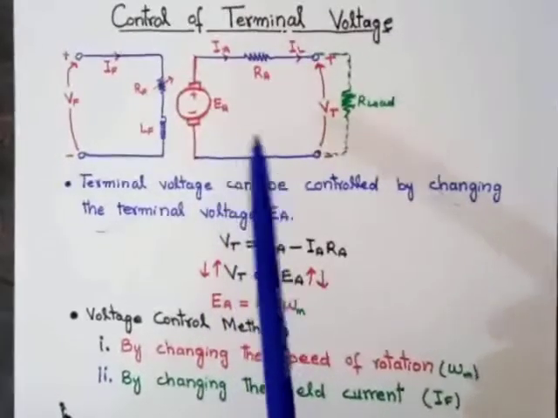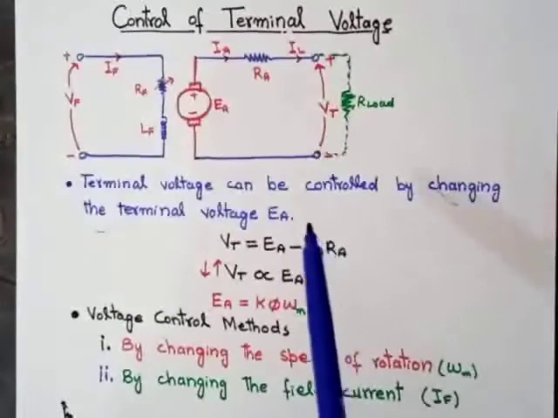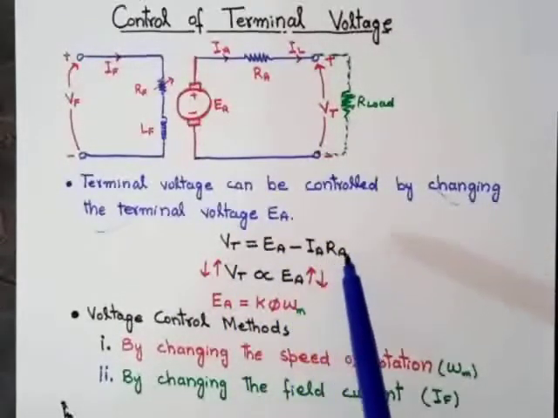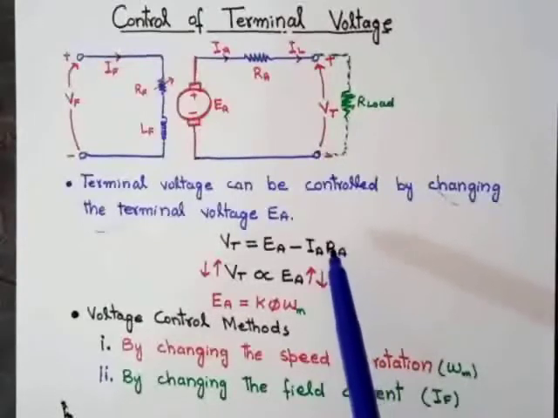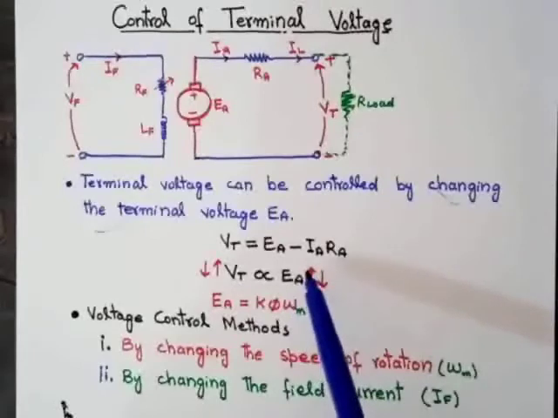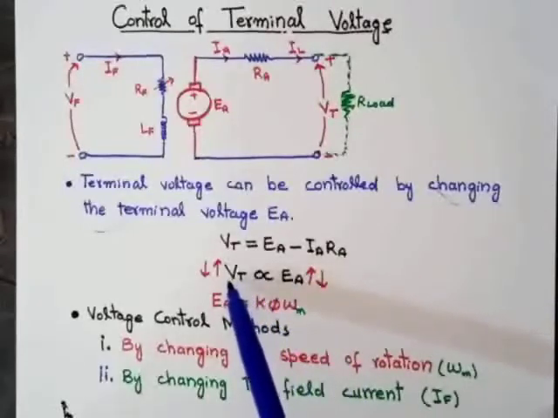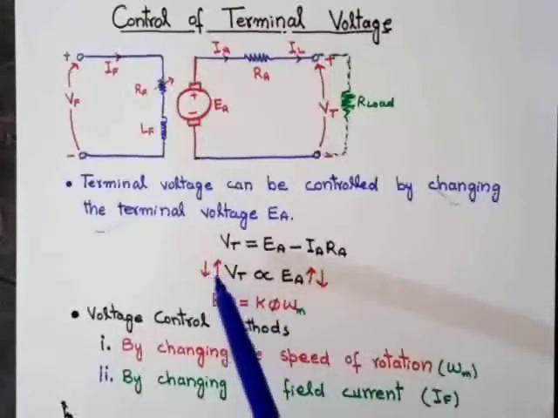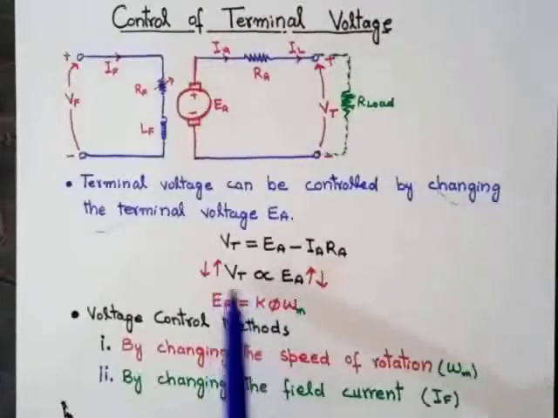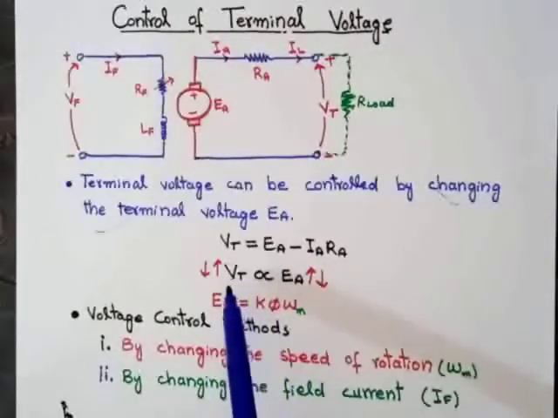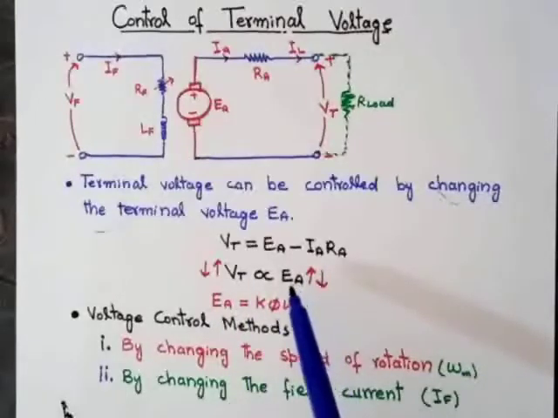As we have already discussed, Vt is equal to Ea minus Ia into Ra. When the value of Ea increases, the terminal voltage will increase. When the internal generated voltage decreases, the terminal voltage will decrease, because the relationship between internal generated voltage and terminal voltage is directly proportional.